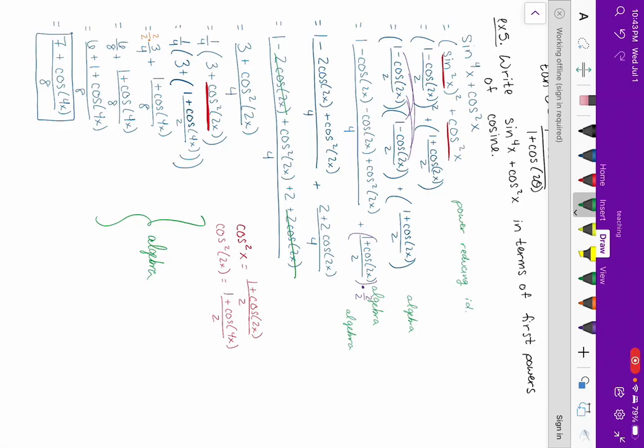So again, the whole goal of this was to get rid of all the exponents. Anytime we had an exponent, we had to use the power reducing identity. And that also in turn gets rid of any sines and changes everything to cosine. And a lot of it was just simplifying.